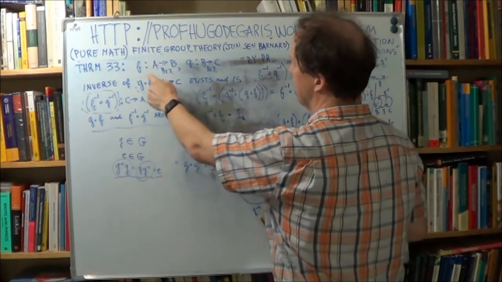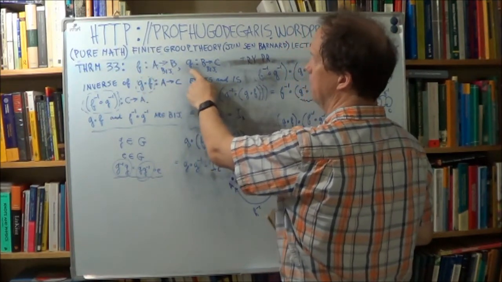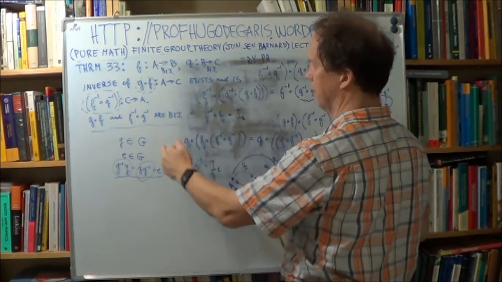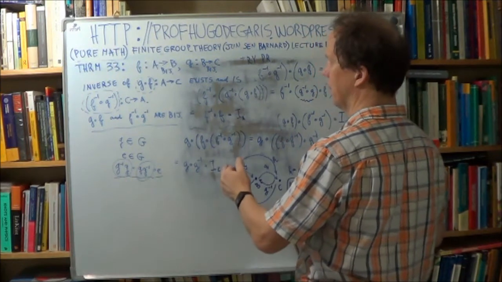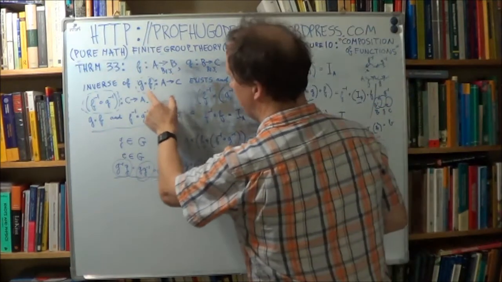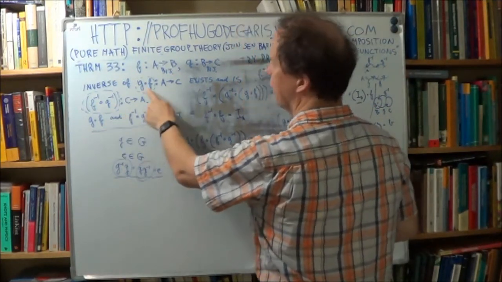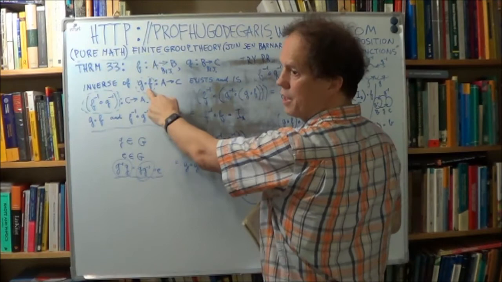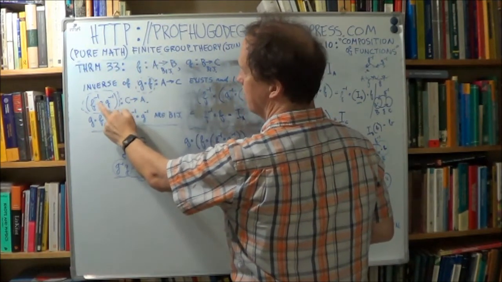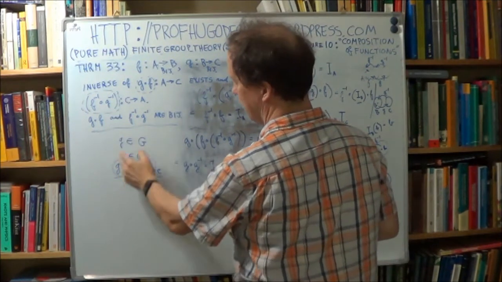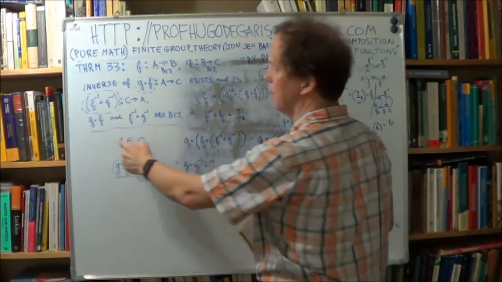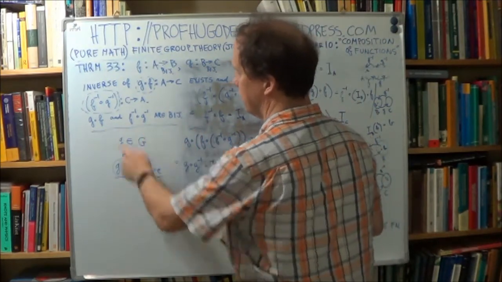But you can also say that f is the inverse of g, therefore g is bijective. Simply, this is the inverse of that, therefore this is bijective. But this is also the inverse of that, so this is bijective. So these two composite functions are both bijective.